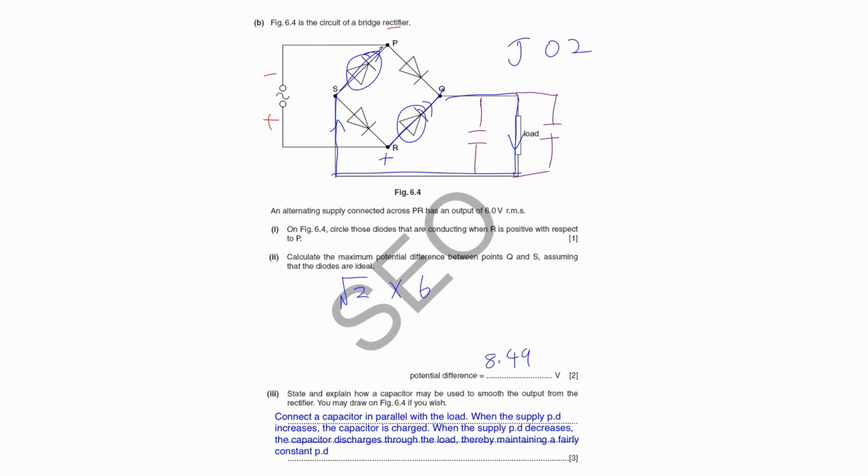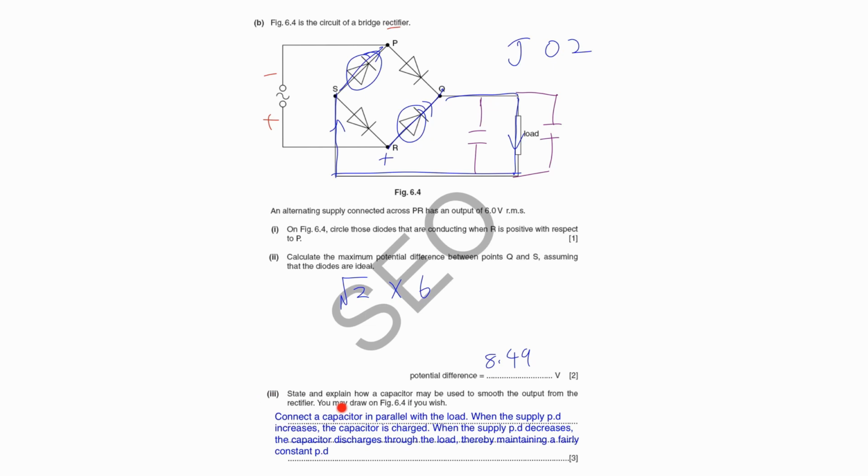Then when it flows through here, there's also no potential drop. In other words, this point has the same potential as your negative, and this point will have the same potential as your positive. So therefore, the maximum PD will be just the RMS voltage times √2, so 8.49.